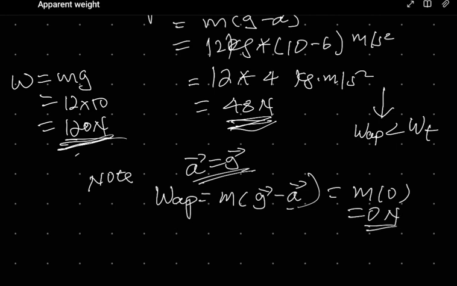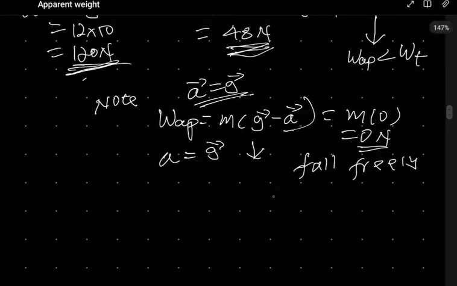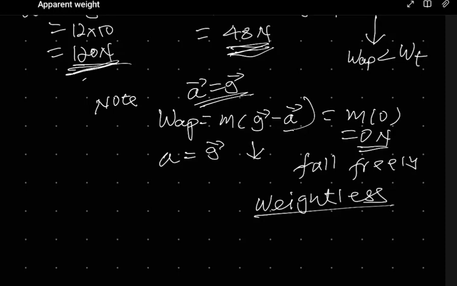Meaning, when a is equal to g downward, you fall freely, and when you fall freely, you are apparently weightless. So apparent weightlessness happens when you fall freely.